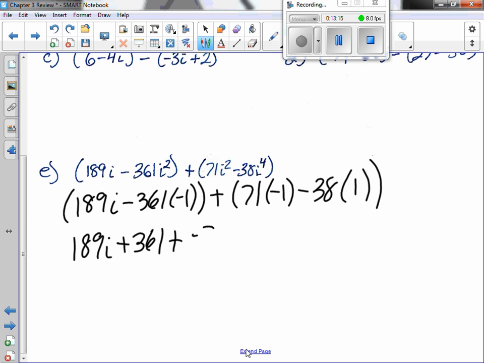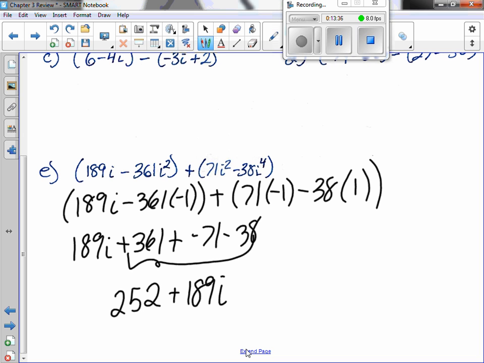That's going to be negative 71. Combine like terms. We get the exact same thing the calculator told us. So we could plug these into the calculator just as they are, parentheses and all, and it'll give you the answer. Any questions on these here? We good with these here?